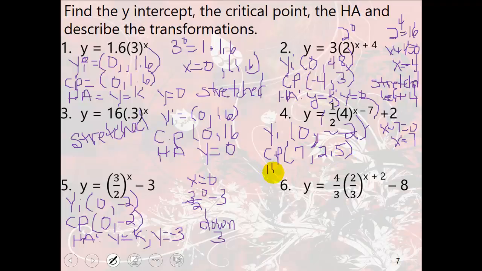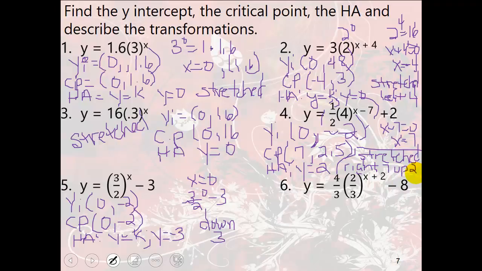My horizontal asymptote is y equals k, and k is 2, so it's y equals 2. This one, wow, there are a lot of transformations on this one. It's stretched, it's right 7, and up 2.